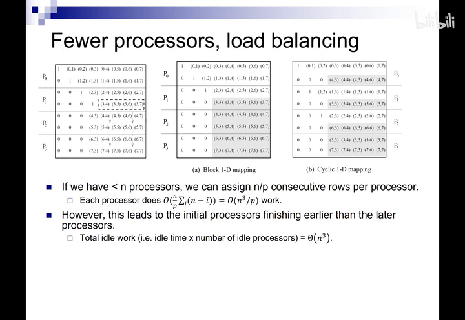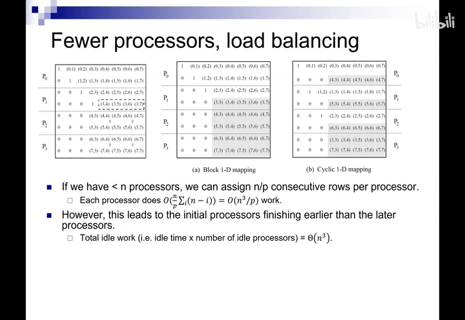And you can look at the total amount of idling. This is going to be the total idle time for each process times the number of idle processors. So for example, this P0 here is going to be idle for like n squared time, because the entire algorithm is going to run for n squared time, and he's done very, very quickly. So he's idle for almost the entire execution.